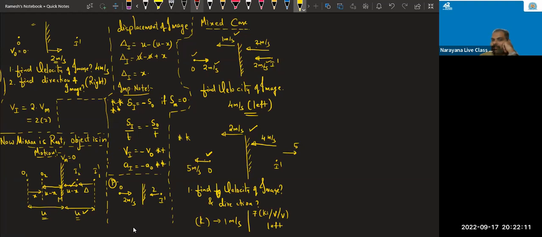So how much? 4 minus 5, minus 1 only. 5 is bigger, no? Correct or not? 5 is bigger, so the resultant velocity is 5 minus 4, 1 only. So net velocity: big velocity minus small velocity, 1 meter per second. And it is also right side. So, Kamalesh is perfect. Give him a small round of applause.